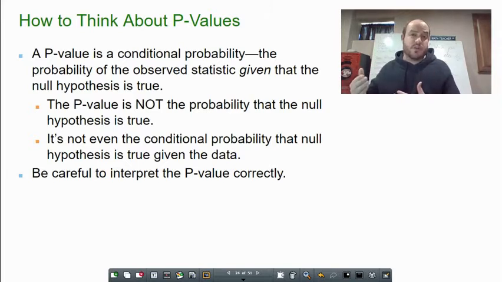So we assume the null hypothesis to be true, we go out, collect a sample, and then we find out, hey, what's the probability that that sample should have happened? If that probability, or p-value, comes back extremely small, then we have enough evidence to say that the original null hypothesis is probably false. Because in that case, it means that we got something so rare that we believed it should never happen, and it happened the first time we went out and took a sample.